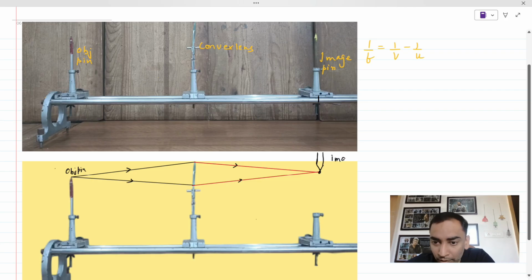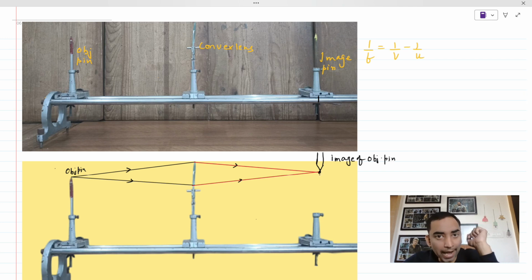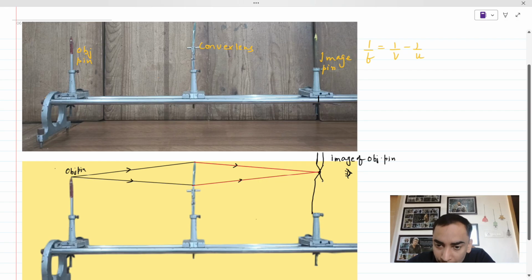So just let me write down: image of object pin. And since it is in the air, we can see it through the lens from this side if you place your eye. But how will you measure this image distance? That's why we have placed an image pin at the bottom.